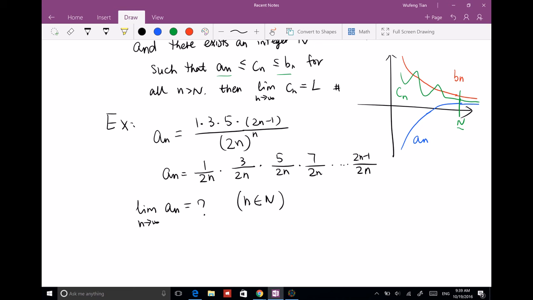So can anyone tell me what you think the limit of a_n is? Just a guess. Maybe 0. That's a very good guess, actually.